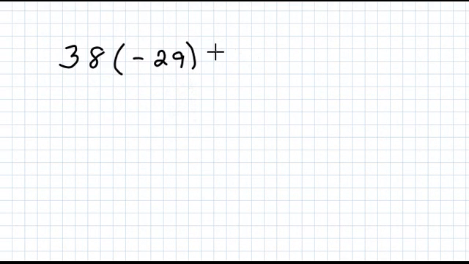Okay, what if I had 38 times negative 29 times a negative 22? Okay, so we have a positive times a negative, and that would be negative, and a negative times a negative is positive.